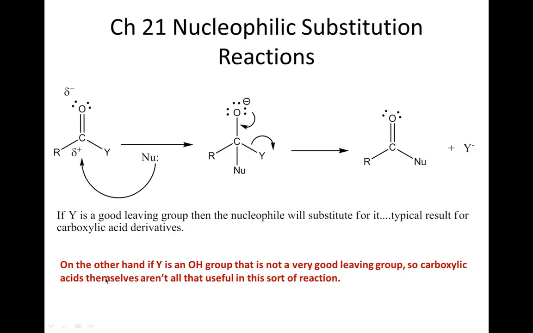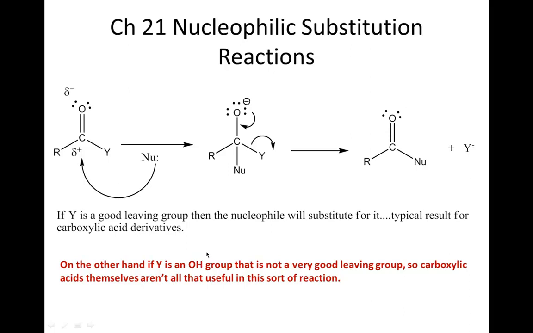Now, in the case of carboxylic acid itself, Y is just an OH group. And we know that OH groups are not very good leaving groups by themselves. So carboxylic acids aren't very good at doing this particular reaction. One of the things we need is to manipulate that OH into being a better leaving group.